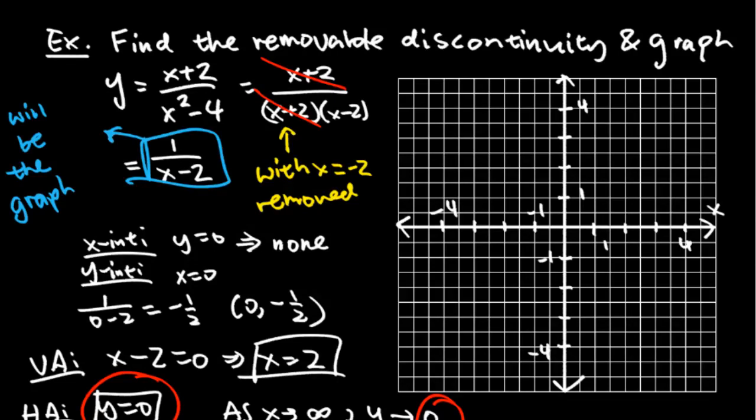Okay, so if we look at this, we have x-intercept none, y-intercept at x equals 0, so we have 0, comma, -1/2. So let's just graph that. I'll make that in red. And then a vertical asymptote at x equals 2. So let's do that. And y equals 0.